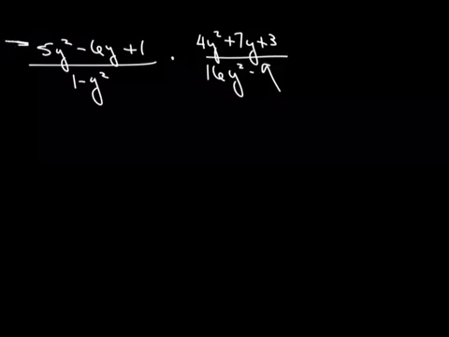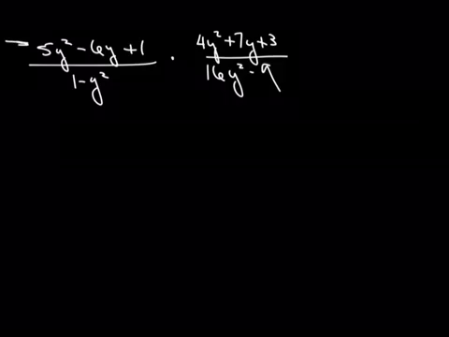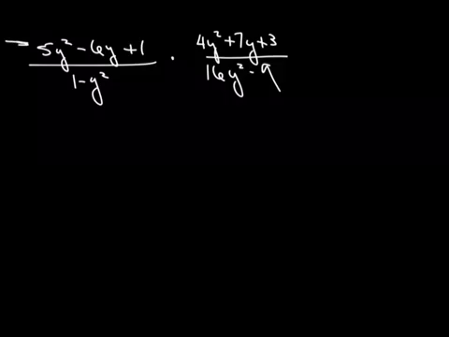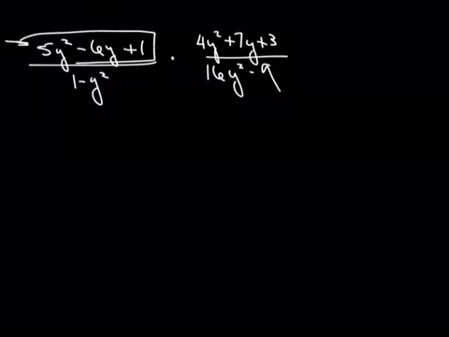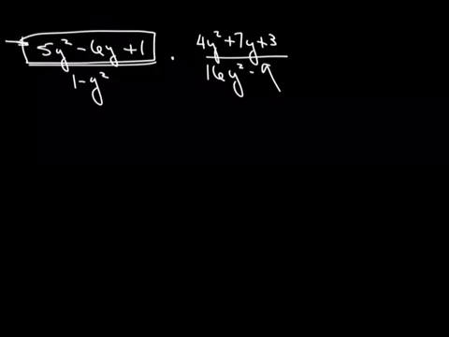Simplify the numerator. So on problems like this, you're going to have to spend some time working on that, working on that, working on that, and then coming back and putting it all together once it's simplified. Alright, so this one right here, we're going to have to do some work on it and get it simplified.